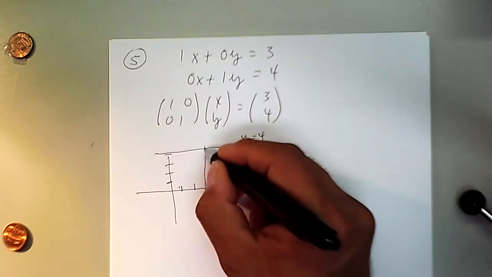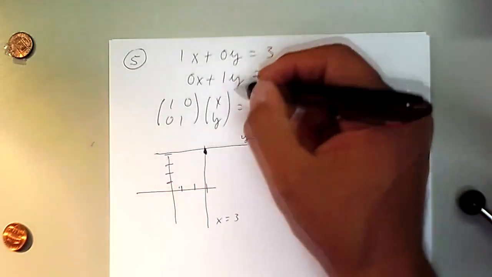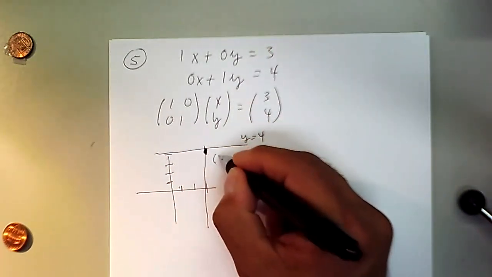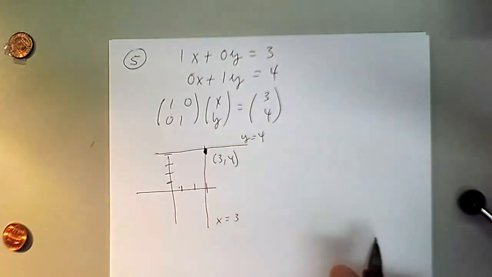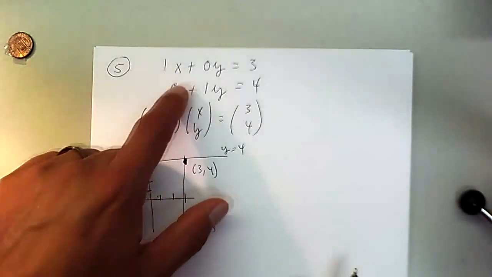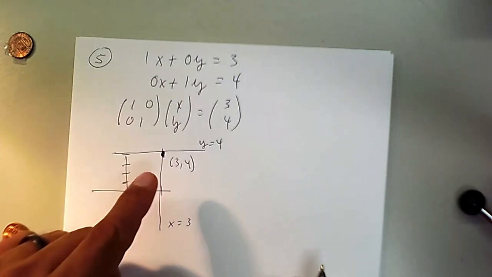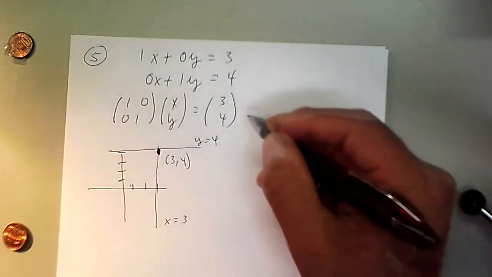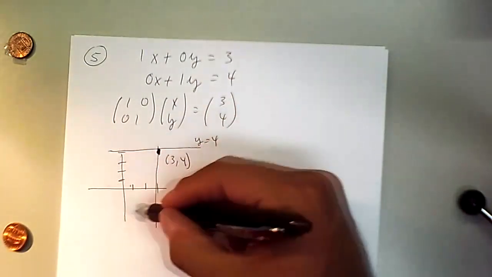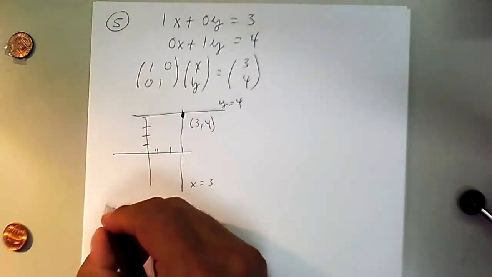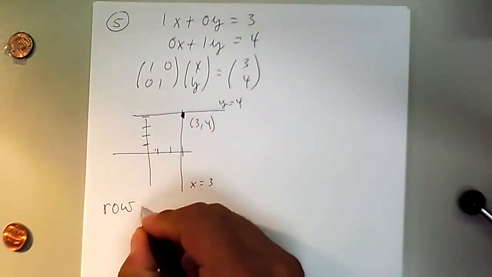And the point that satisfies both of the equations will be the unique point here, 3, 4. So that is the solution to the equation, 3, 4. All right. There is another way to think of this. So this interpretation, some people call it row interpretation.